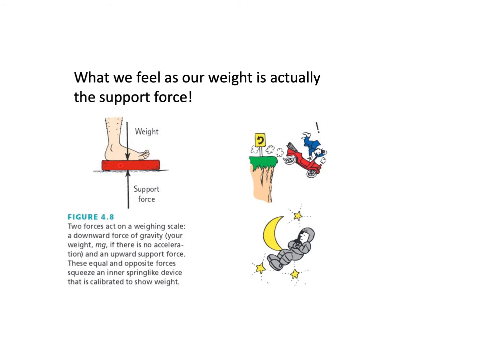And there's a spring scale inside the scale, or some sensor that's hooked up to a digital meter that's able to measure how much the compression of this scale is and convert it into how much weight is necessary to squeeze it by that much. And so what's actually measured on the bathroom scale is not the weight, but the support force that you're feeling.